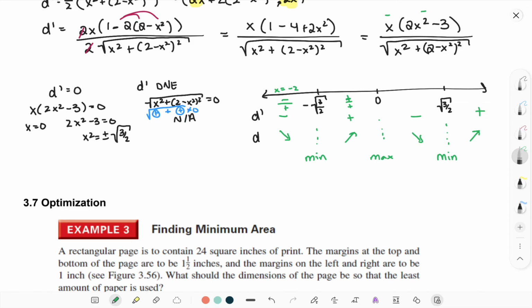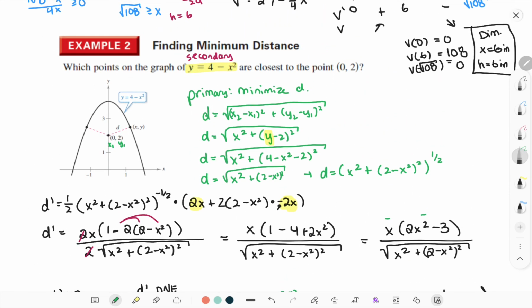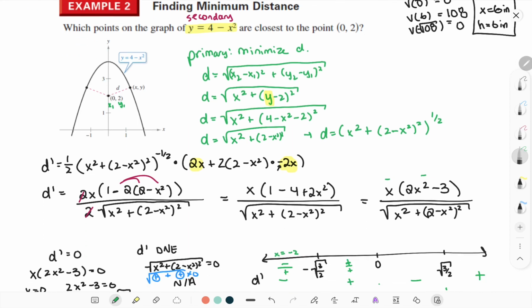I'm going to find those points. So closest points are at x equals positive and negative root 3 over 2, all under one radical. I can plug it into either of my two original formulas, either my primary or secondary. Secondary is going to be easiest in this case, so I'm going to plug it into there.